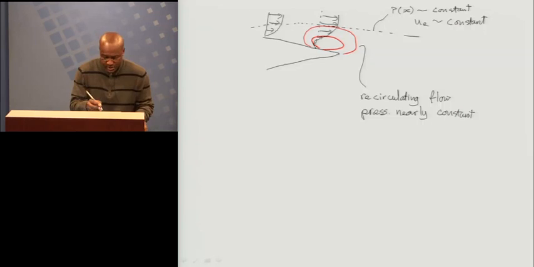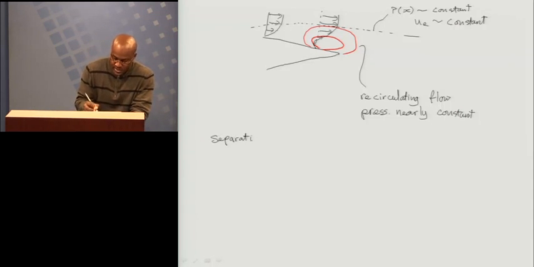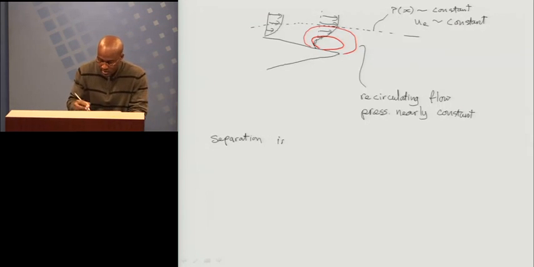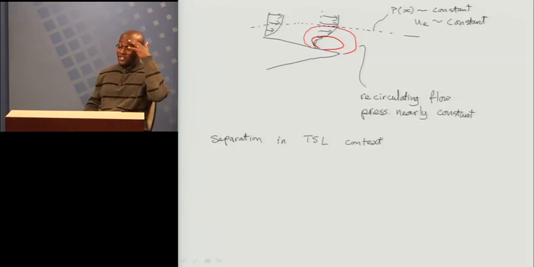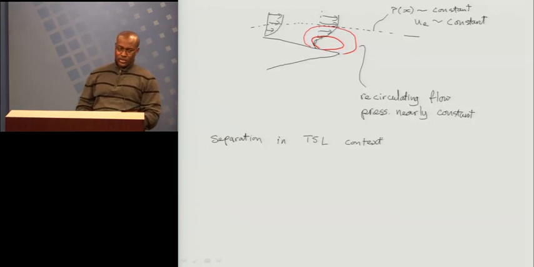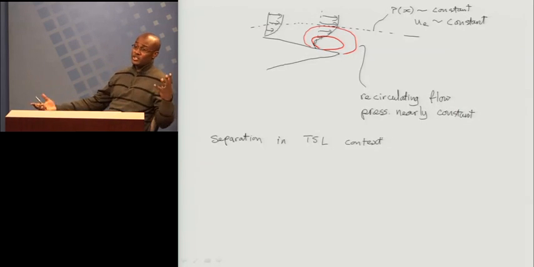Okay, I just want to make a few notes before we end. When we talk about separation and those boundary layer equations, or the thin shear layer equations, in the thin shear layer context: when there's a separation region, but it's pretty small or limited to only a certain part of what you're looking at, usually your boundary layer equations can still be applied and give you good approximations. However, if your separation region turns out to be really large, then you have to do something else.